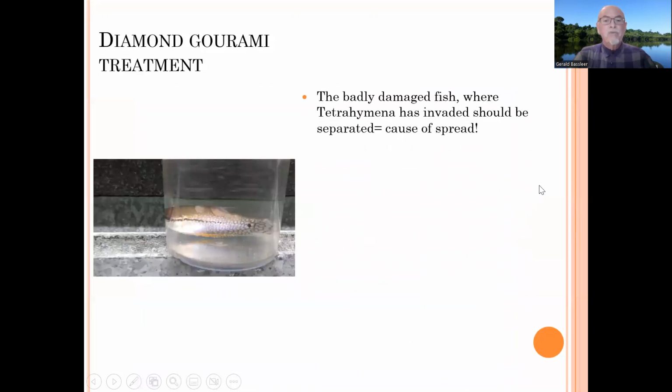So the treatment for this kind of fish is a complex problem, because the badly damaged fish where Tetrahymena has invaded should be separated, as it could eventually become a spread. The parasites are facultative or secondary, but if they have a good source to feed on, they can become available in large quantities.